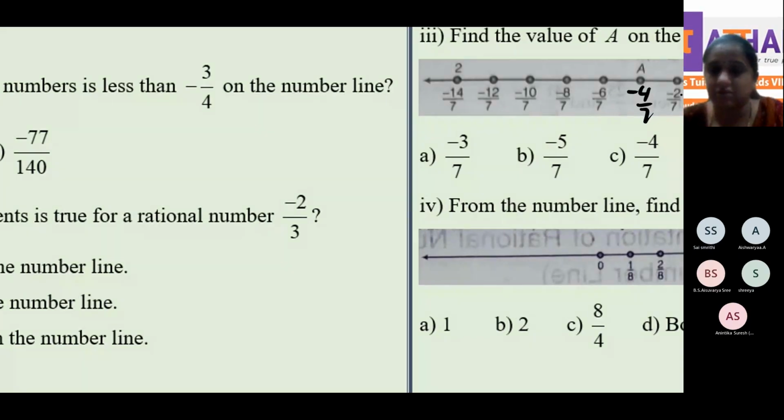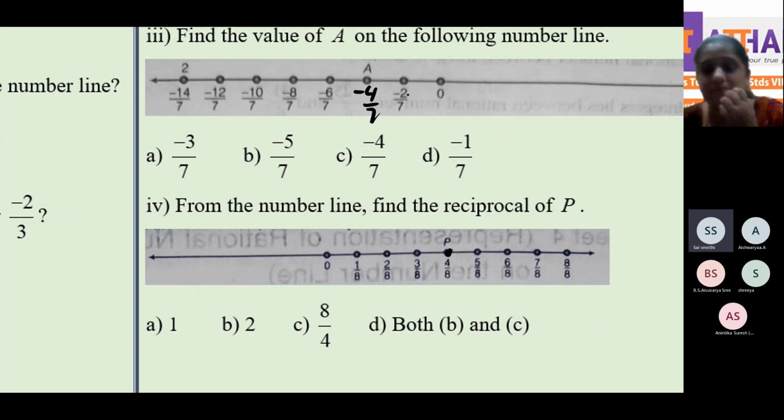8/4, ma'am. Option C. Another option D, 8/2. Option C, 8/4.